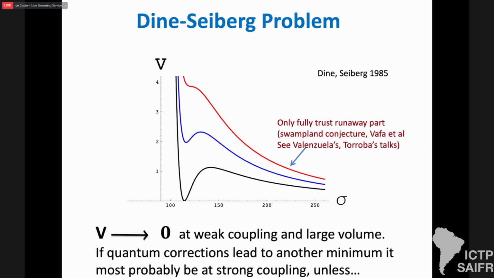For these quantum corrections to be effective, we need strong coupling or small volume for the alpha prime and string expansions. So if there are minima of this potential which stabilize the moduli, the natural thing is for them to be at strong coupling. So either we have strong coupling or we have runaway.